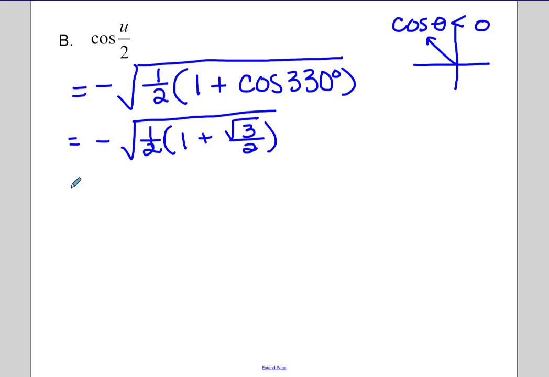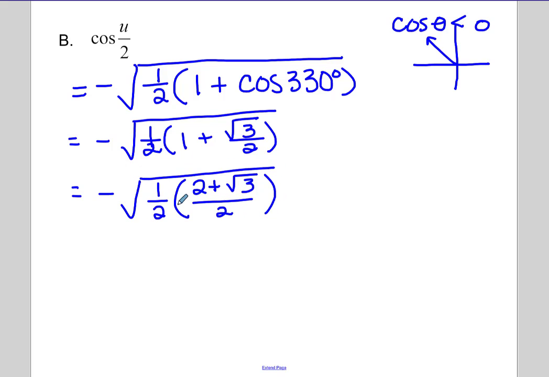And again, I'm going to write the common denominator as 2 over 2. Factor out the 1/2, put it with the 1/4. 1/2 times 1/2, and then get rid of that fraction.